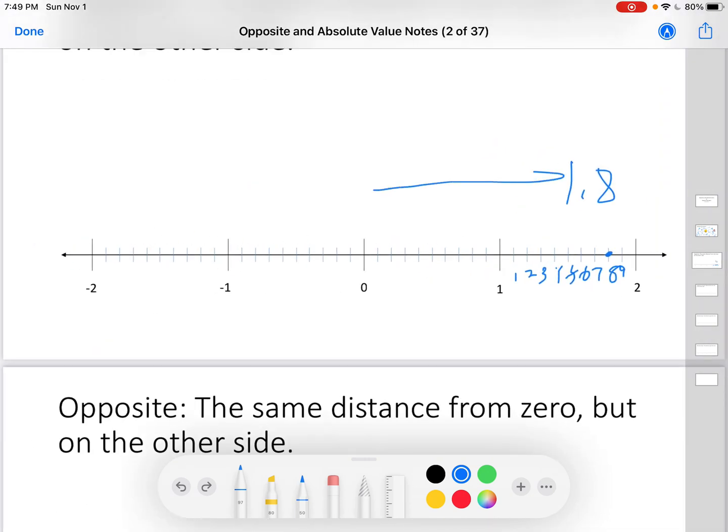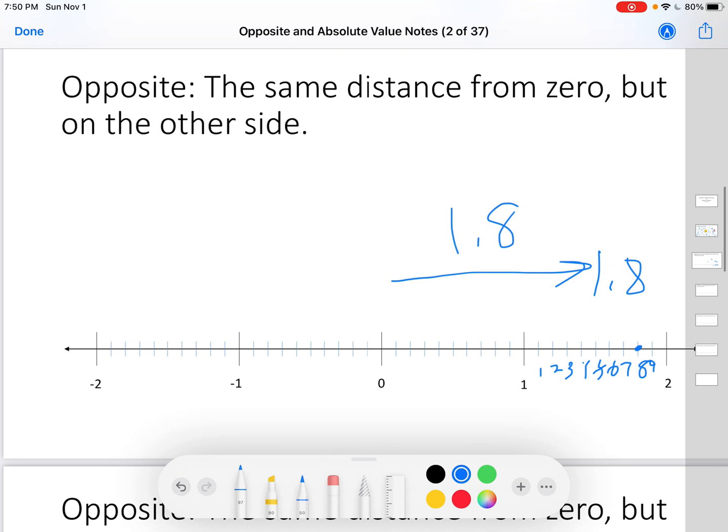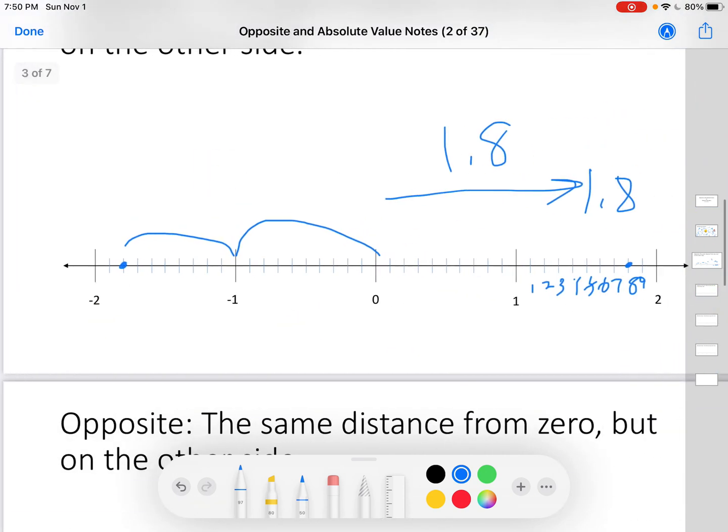Now, that is how far in this direction? 1.8. The opposite is the same distance, but on the other side. So we have to go 1 in this direction and 0.8 in this direction. And so where does the point go? Exactly on the point of intersection. Now what is that value?